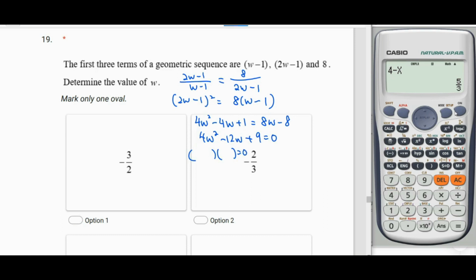What's the answer? We can use a calculator. Number 5, quadratic, 4, negative 12, and 9. The answer is 3 over 2.